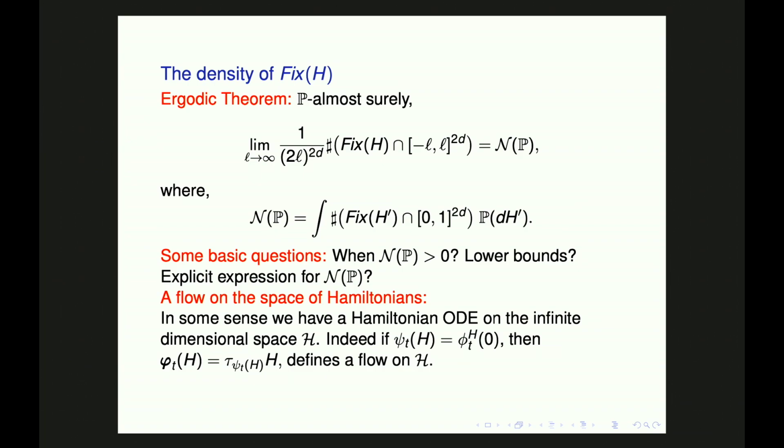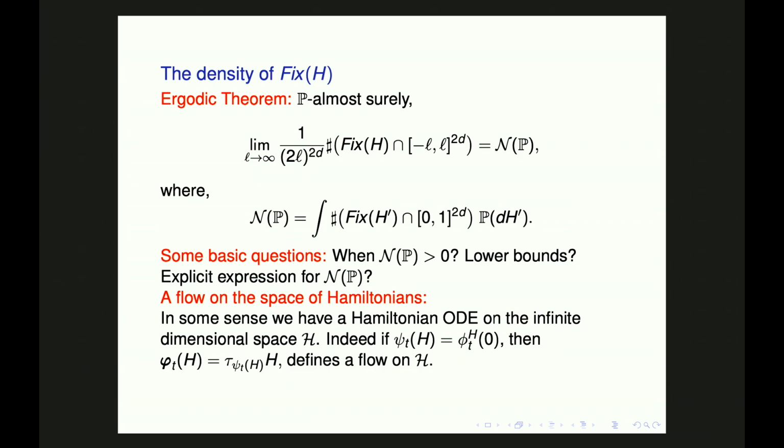So the natural thing to do is the following. You give me a Hamiltonian H, I solve the corresponding ODE, but I insist that I start from 0. Then instead of asking for what initial data I come back to myself, it's more natural to ask for what Hamiltonian 0 is a fixed point. That's the type of question you want to address here.